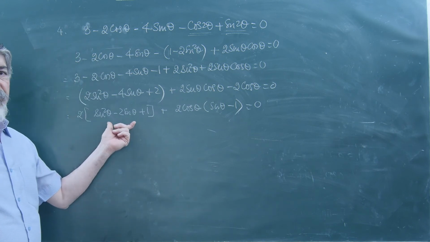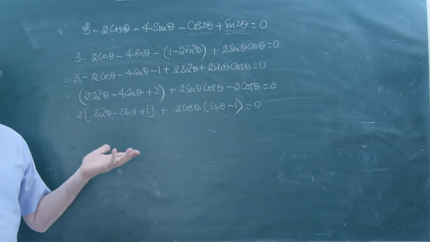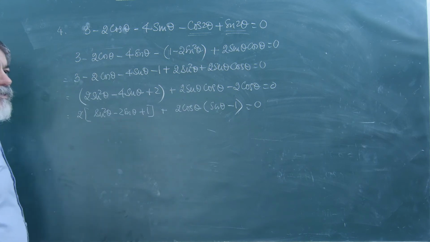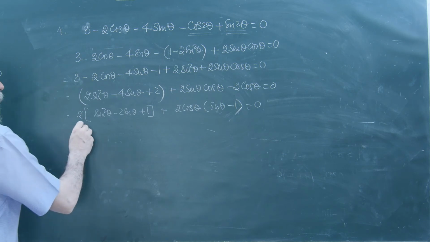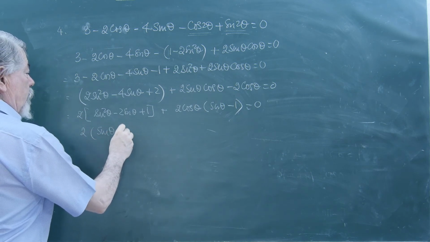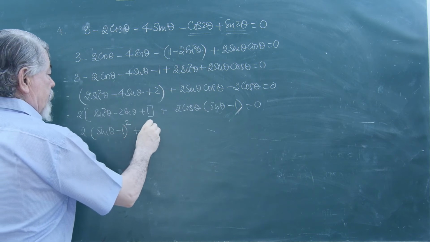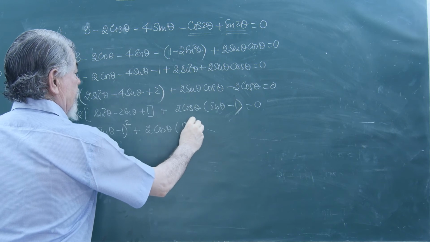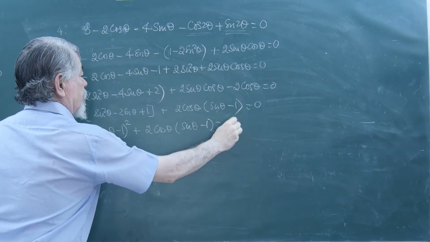This is a perfect square, sine theta minus 1 whole square, a square minus 2ab plus b square. Sine theta minus 1 whole square plus 2 cos theta into sine theta minus 1 is equal to 0.